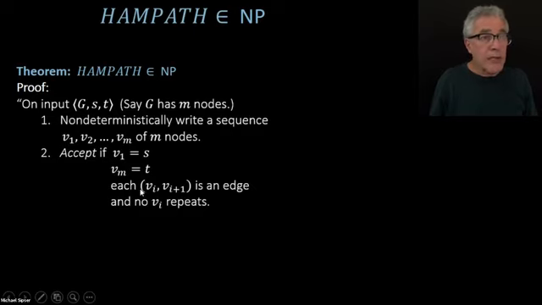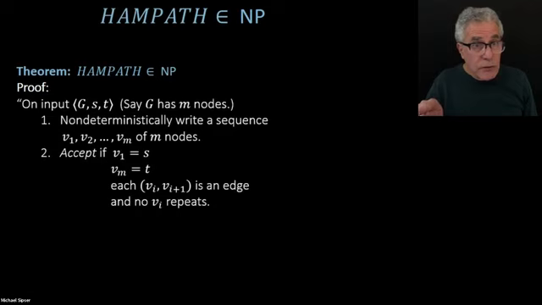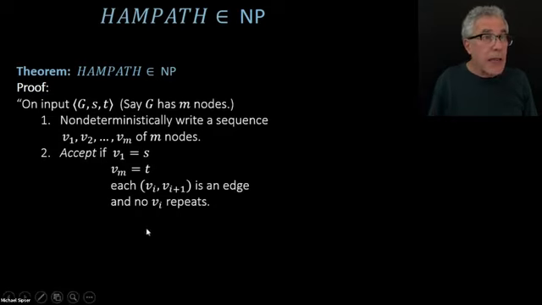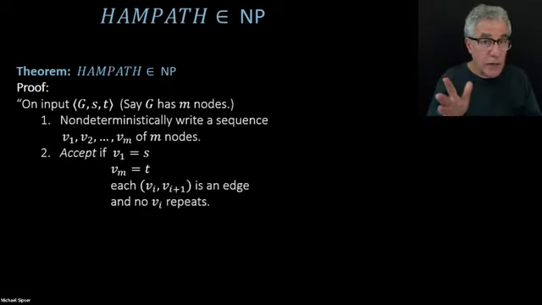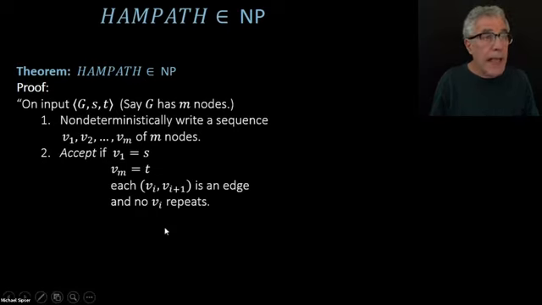And we have to make sure that every step of the way is actually an edge. So each pair, Vi to Vi plus 1, has to be an edge in the graph. Otherwise, that sequence of nodes is not going to be a legitimate Hamiltonian path from S to T. And it has to be a simple path. You can't be repeating nodes.